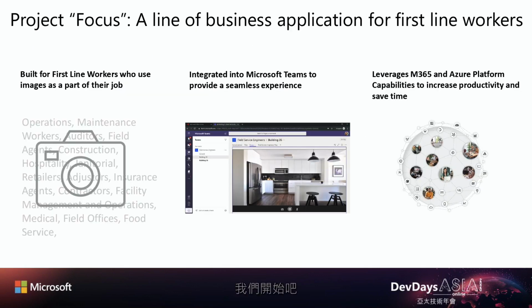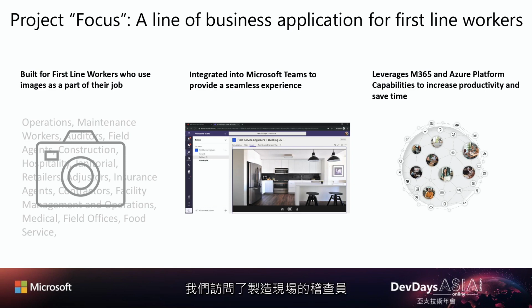So let's get started. Every year, Microsoft hosts a week-long hackathon for employees where we can build literally anything that we want to. This year, we spoke with various first-line workers to understand the requirements that they have in retail, manufacturing, and general operations, and found that the image can be an essential part of a first-line worker's job.